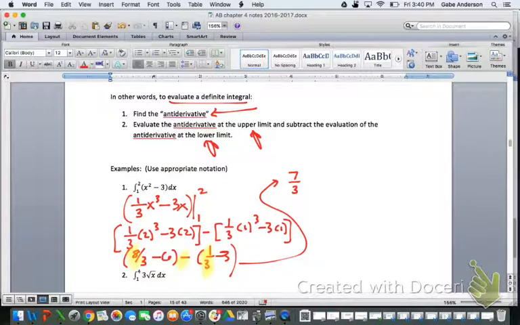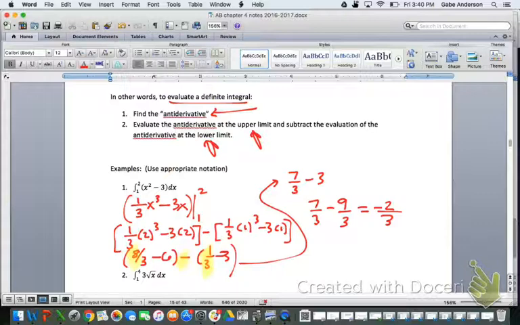I also see -6 minus a -3. That's really -6 plus 3, so I would write minus 3 here. And then 7/3 minus 9/3. I'm coming up with -2/3 for the answer to this definite integral. So other than the arithmetic there at the end, I think that's pretty straightforward. Find the antiderivative, plug in the upper limit, plug in the lower limit, and then subtract to find the difference.